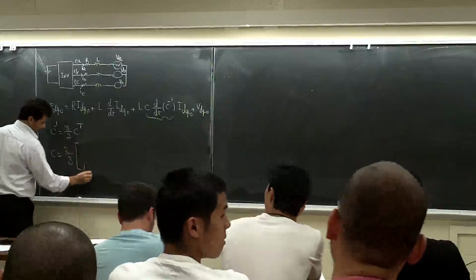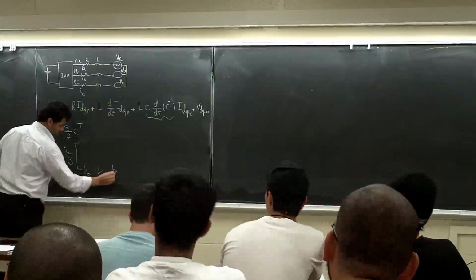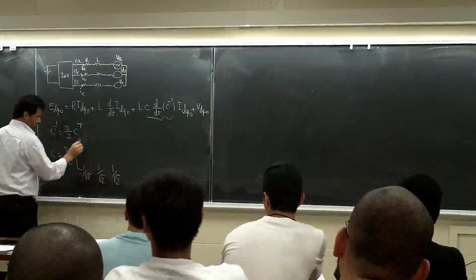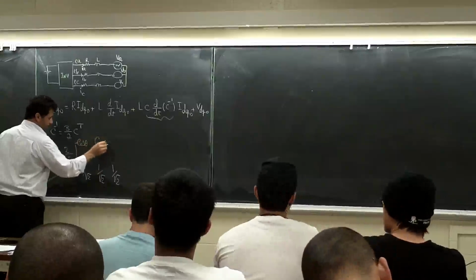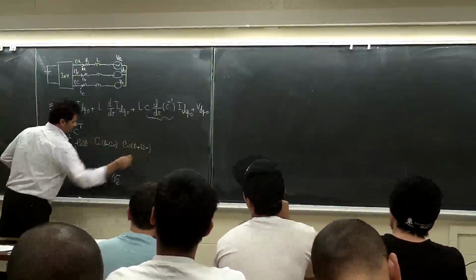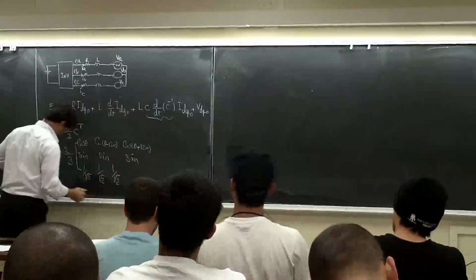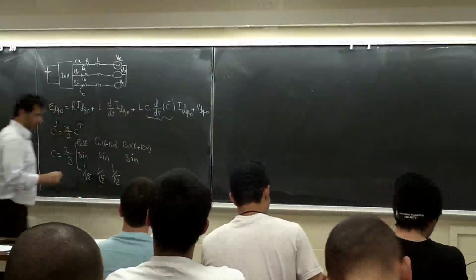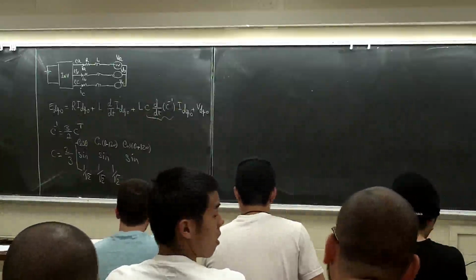I'm not sure, was it 3 over 2 or 1 over 2? You had the cosine theta, right? Cosine theta minus 120, cosine theta plus 120, right? This one was sine. Let me, this is what we had for C, I think. I'm just going to double check with it. 2 over 3 over 3 over.